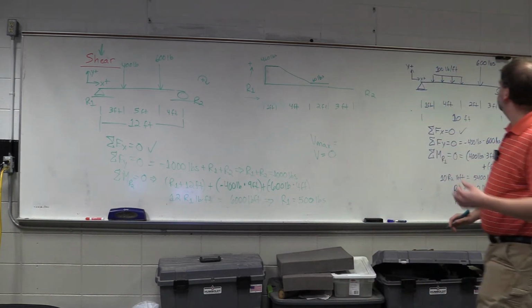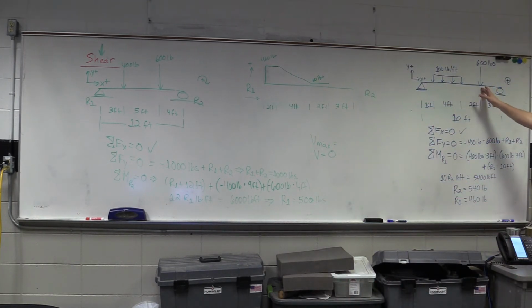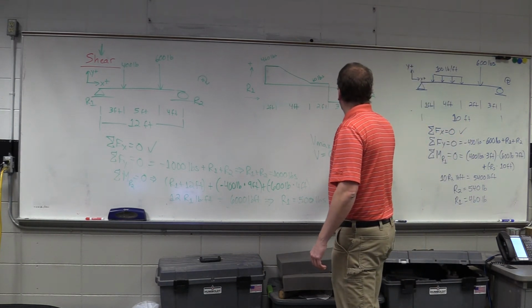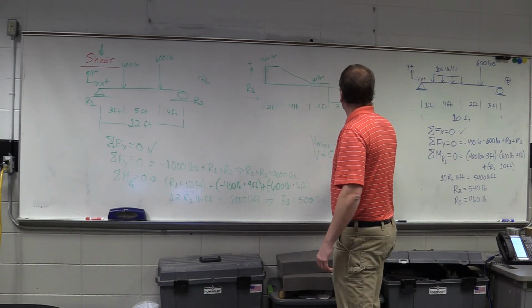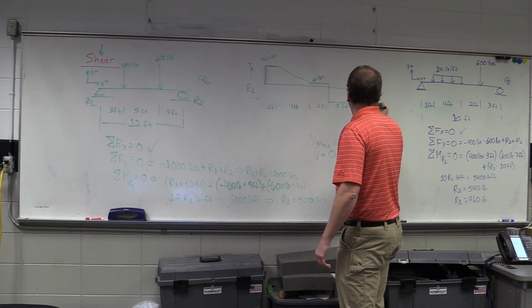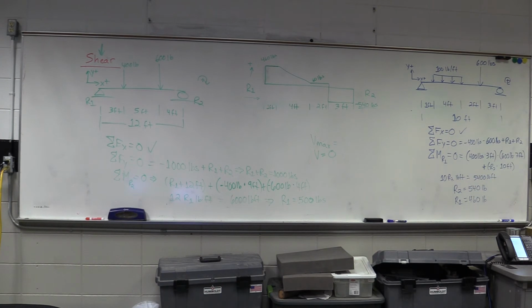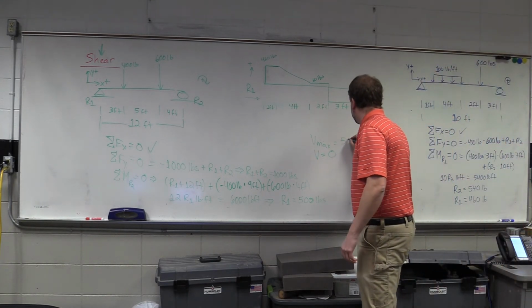What do we do once we get just to the right of our 600-pound force? We're going to drop down 600 pounds to minus 540. Right? And then we run across, bring it back up. Okay? So what does your Vmax look like this time? 540. 540 pounds, right? Because when we take the absolute value of that, that's going to be larger than your 460.